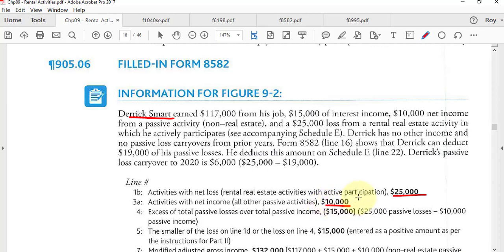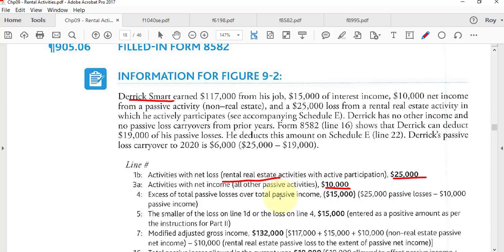So definitely we know we can use up to 10,000 of this loss to offset 10,000 of this income. But then because this loss is generated by rental real estate, we may be able to deduct up to 25,000 additional losses subject to their adjusted gross income amount. And here we're told the AGI amount over here.